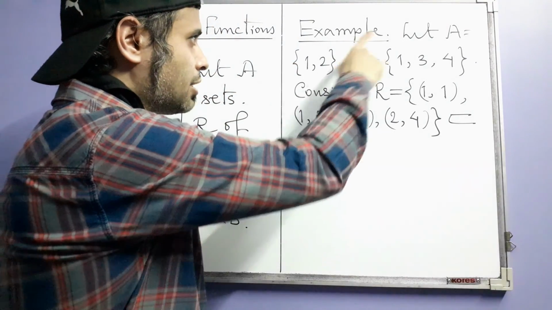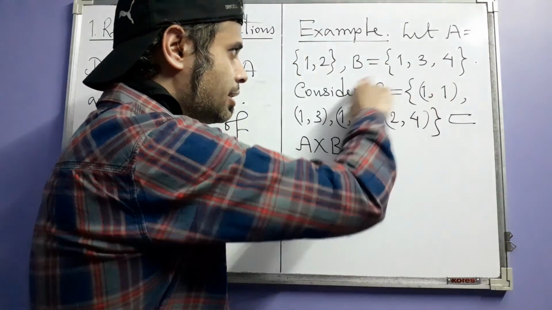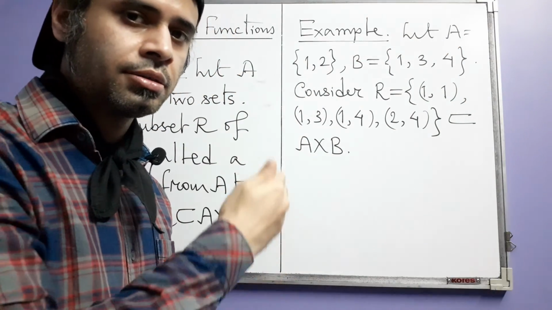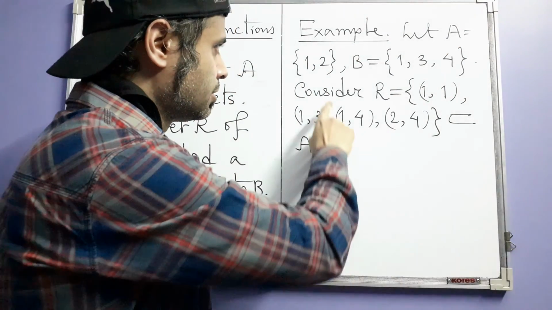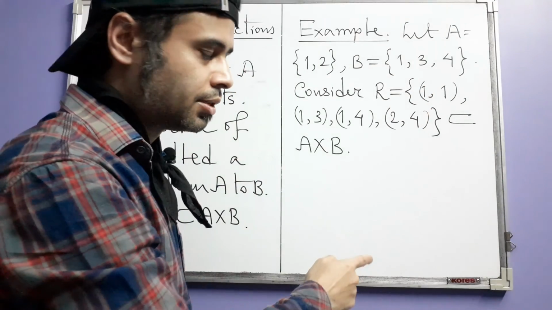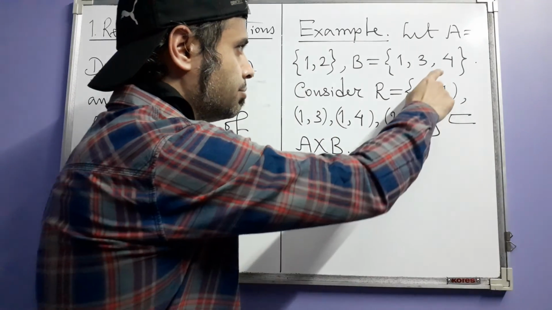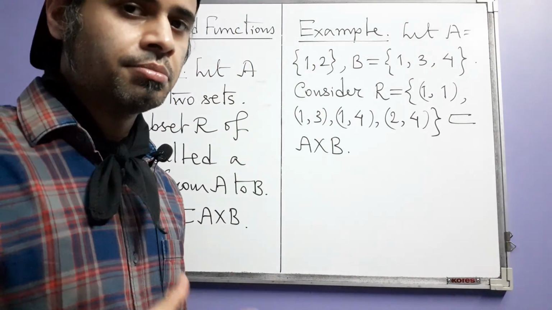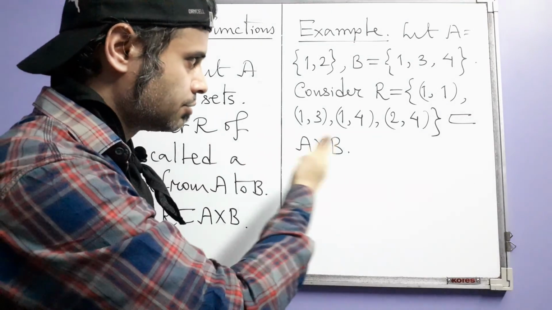So the element 1 of A is related to all the elements of B, 1, 3 as well as 4. The element 2 of A, however, is related only to the element 4 of B.